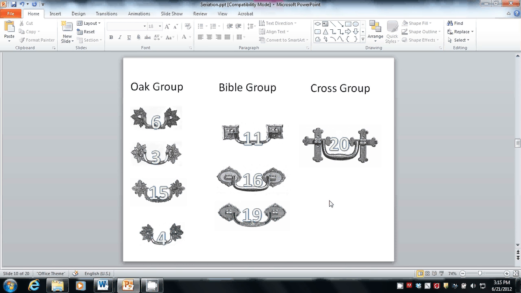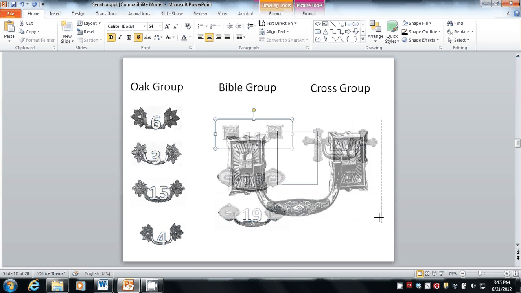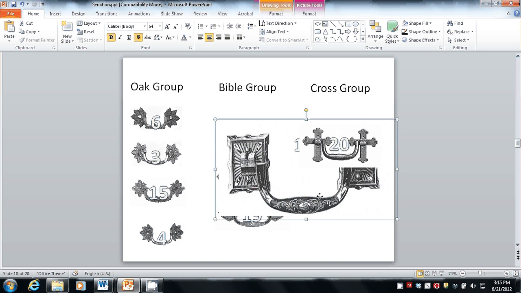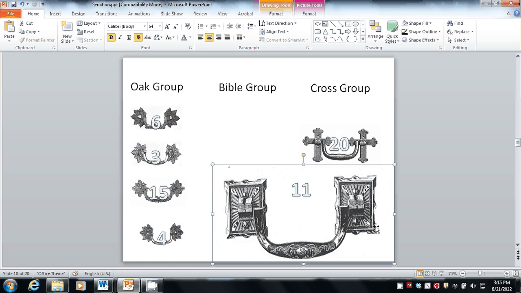I created one group I call the oak group because the exterior of the coffin handles look to me like oak leaves, and indeed they have acorns and stuff, which would indicate they belong to the oak family. And I made another group I call the Bible group. Now I don't know whether these are truly Bibles, but if we expand this for a second, goodness, then you can see there's sort of a book here which is open, which is found on either end.